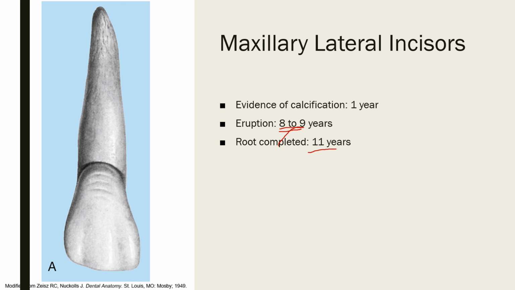So if they jar that tooth and it comes out and is put back in, the dentist is going to go in and place some calcium hydroxide in there for that root to completely form, and then they'd have to complete a root canal on it. But that's if a student loses their tooth. That's pretty common with these.